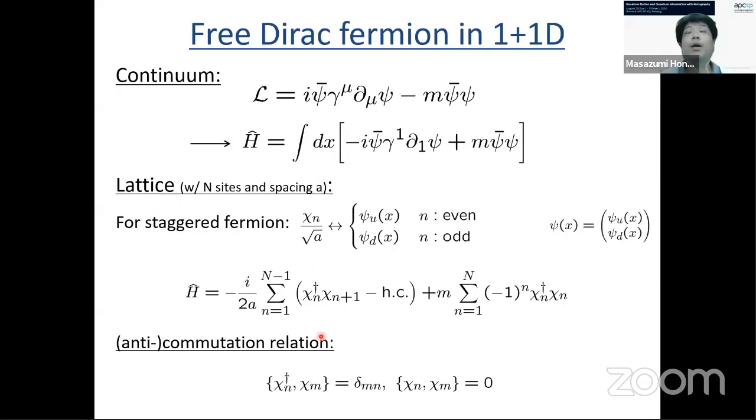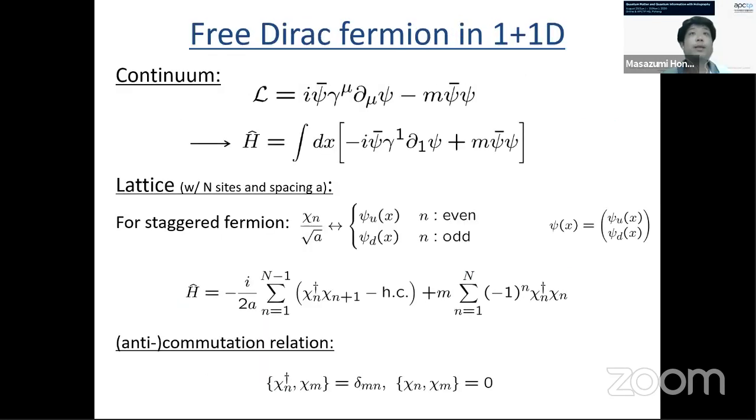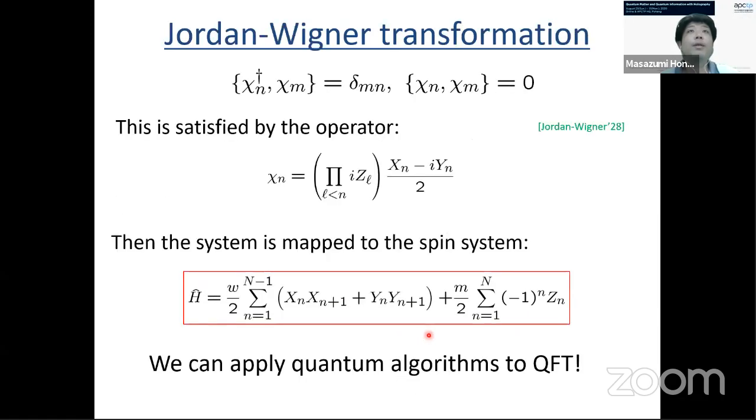Then I explained how to rewrite the free Dirac fermion in terms of qubits. By putting the theory on a lattice, we have this lattice Hamiltonian. Then, given the Fermi operator, we have a nice product of spin operators, which satisfies the canonical anticommutation relation.